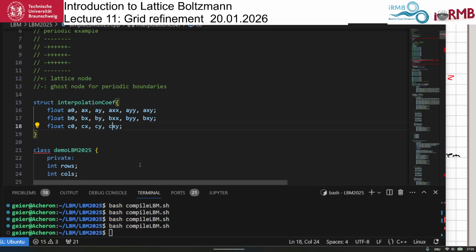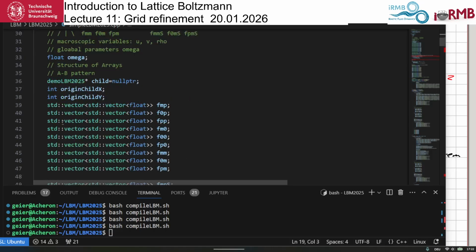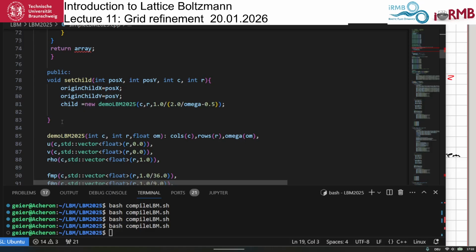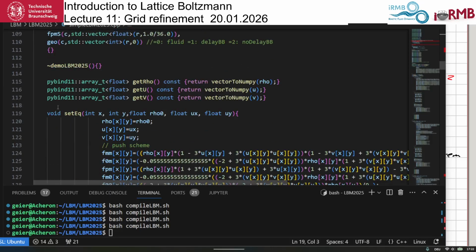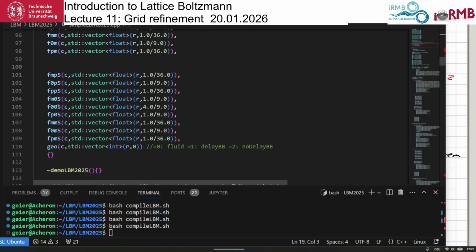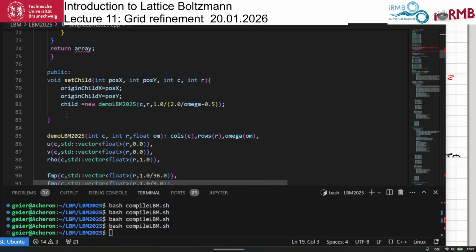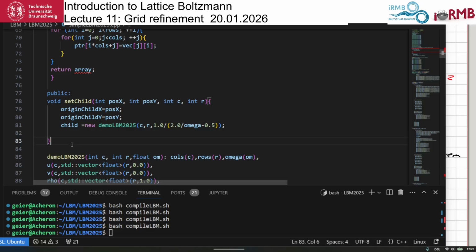Okay, so here we can store information. It complains because it requires a semicolon here. I don't know why, okay. So what we need is a function that generates these coefficients. So where do we put them? Set child.